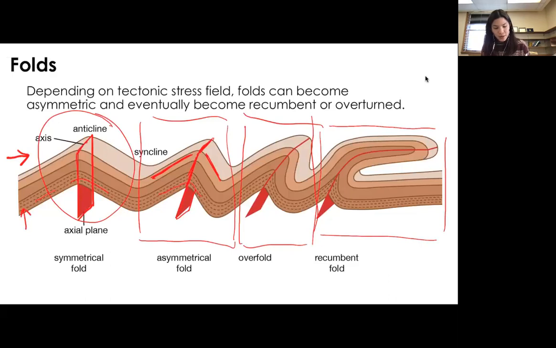It gets a little bit tighter on one side in the asymmetric fold. And then in the overfold, the angle that it has to make at the very center of the fold becomes very tight. And eventually that angle becomes tight enough that the rock can no longer ductily deform. And in this last picture we have a little bit of brittle deformation within the rock at depth that in the other layers remains ductile.